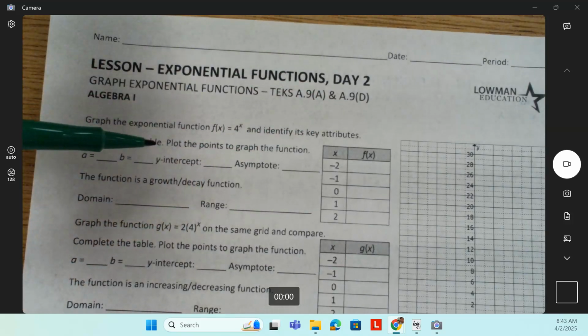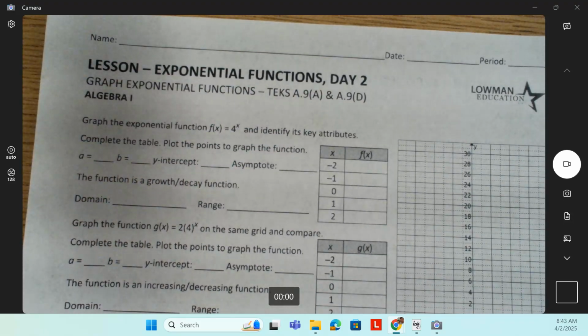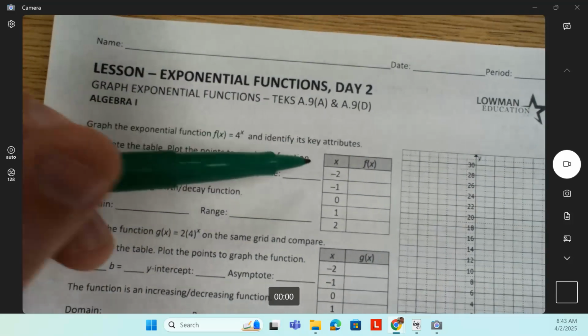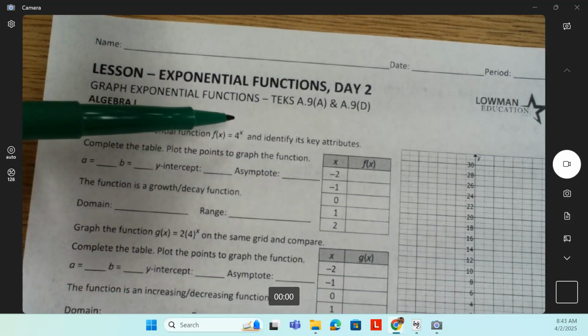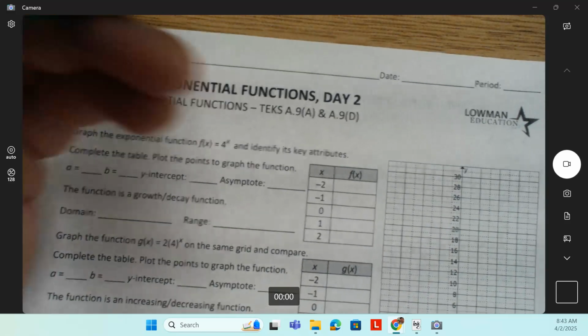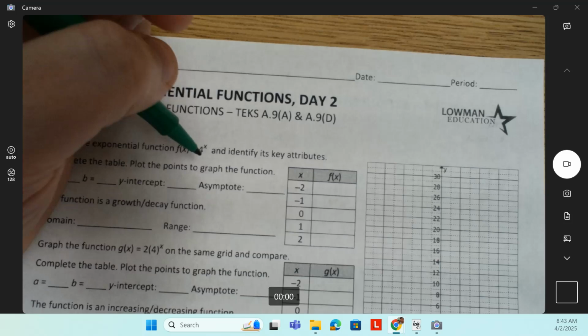So as we're completing the table on this, see if we do 4 to the negative 2 power, it would be, let's see, 4 to the second power. We'll go the other way.